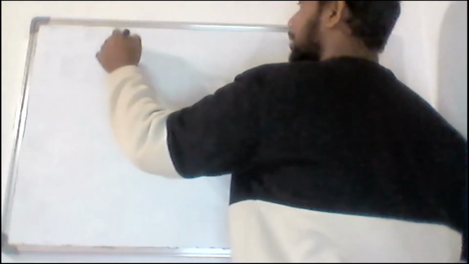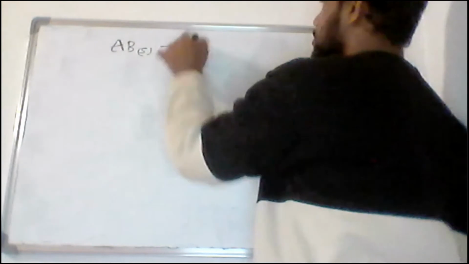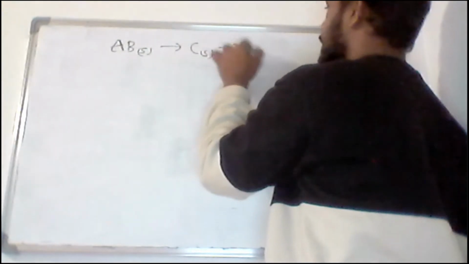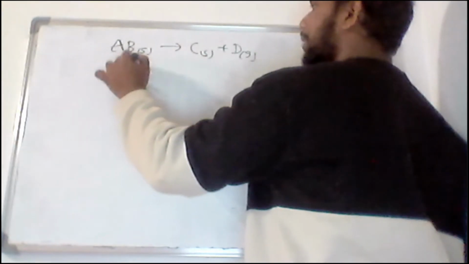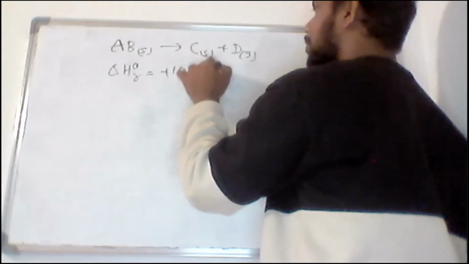So basically this was the reaction. AB solid gave us C solid and D gas. So we found enthalpy, delta H theta R was plus 108 kilojoule per mole.